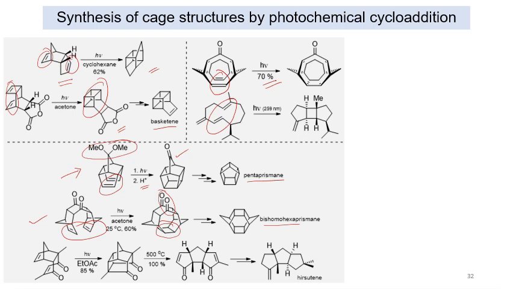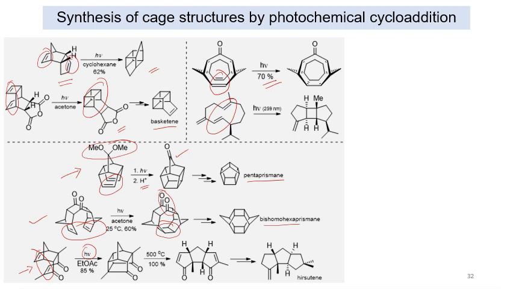In this last example that you can see here, the hirsutene, which is a natural product, can be synthesized from this particular starting material, and you can see here these two can now be fused together into a cyclobutane using photolysis.